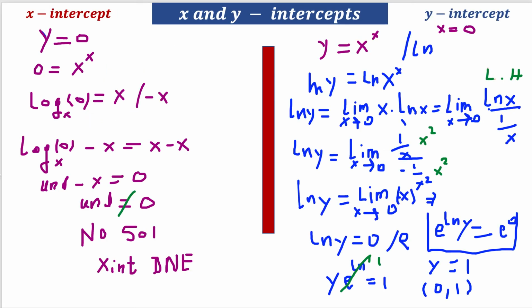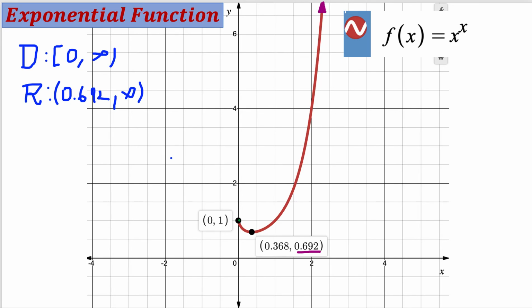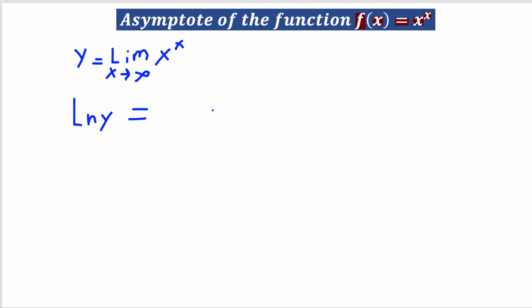Let me see here again. Let me write e to the exponent 0. ln y is equal to the limit, and x goes to infinity. I will take one step further, and here it was x.